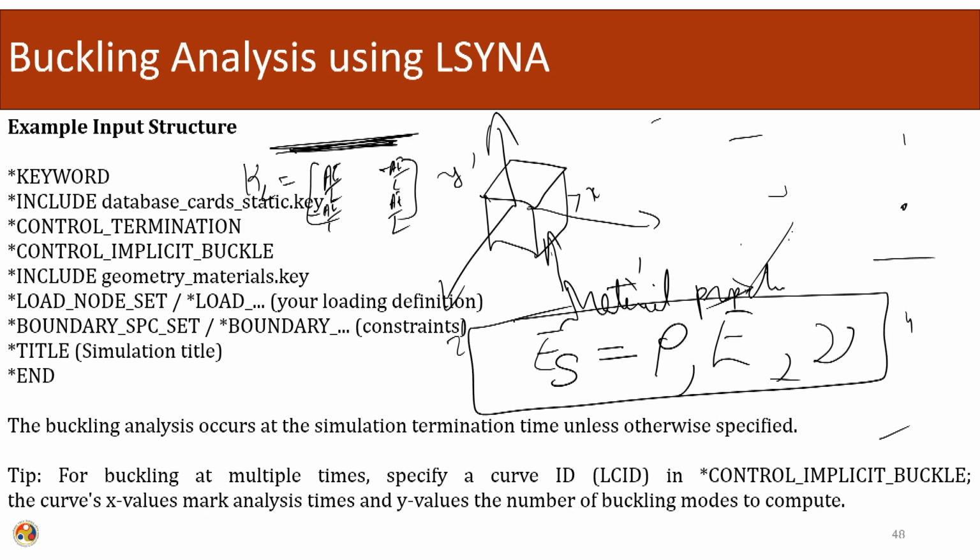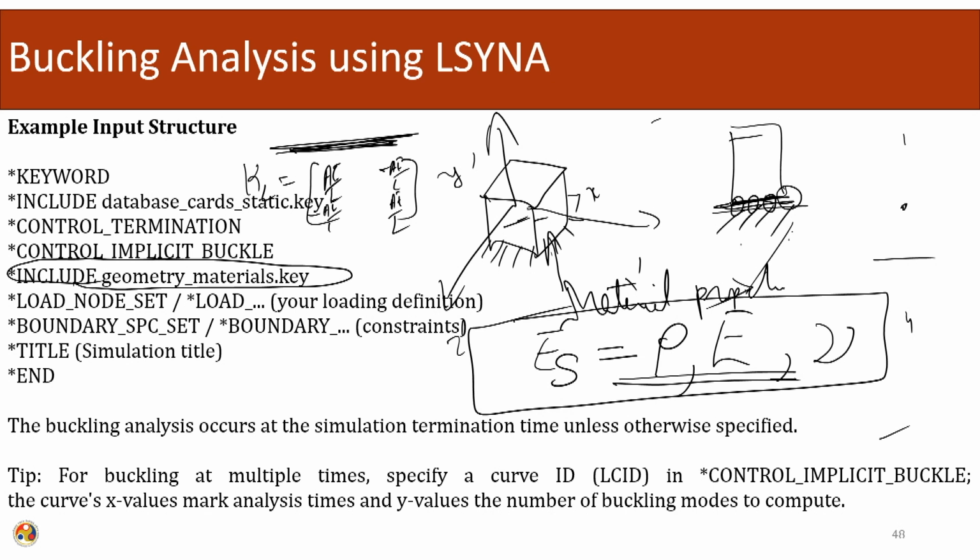After we have made the geometry of the system and given the material properties to the system, we need to give the boundary condition to the system. Let us say we are making this bar and it has a constraint boundary at this end. What we will do is choose all the nodes that form the base of the bar and constrain them.